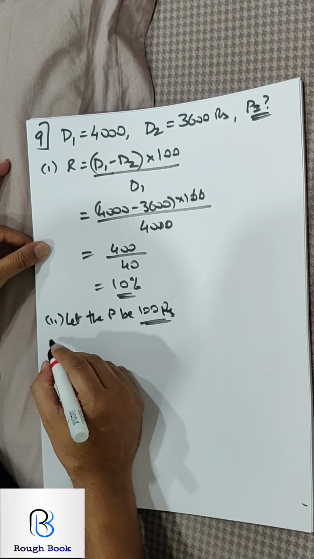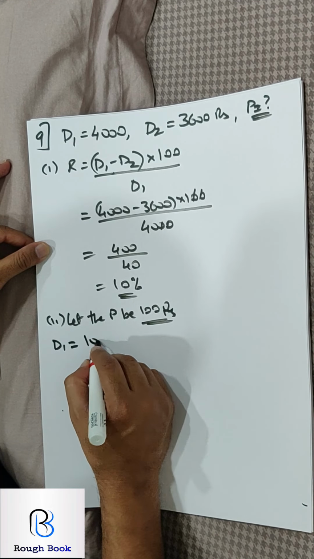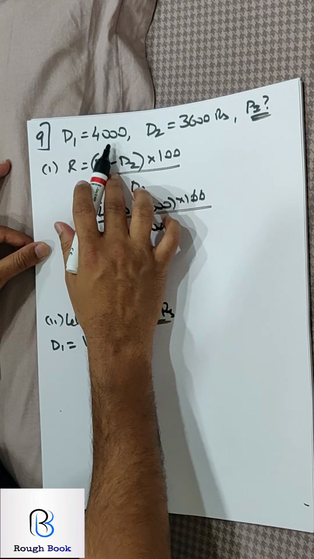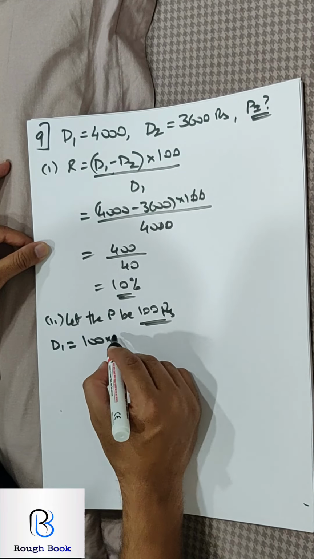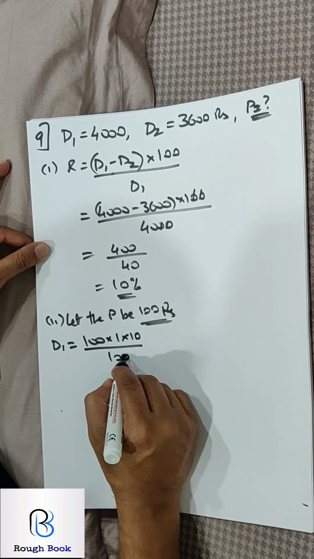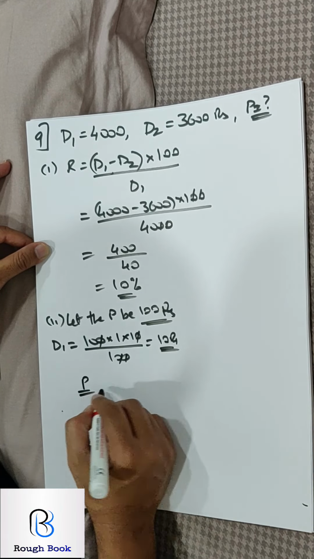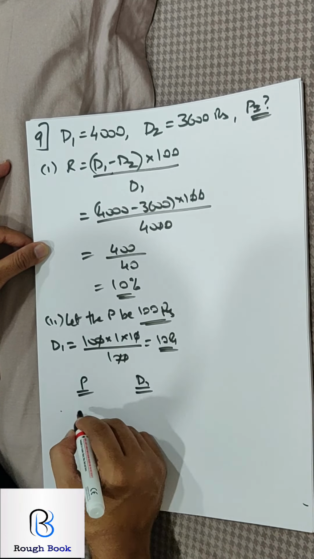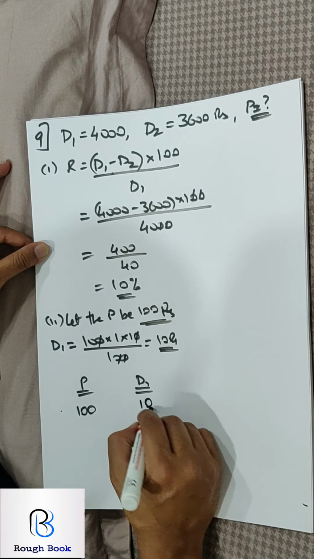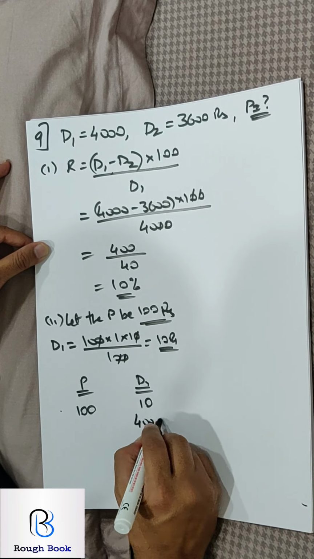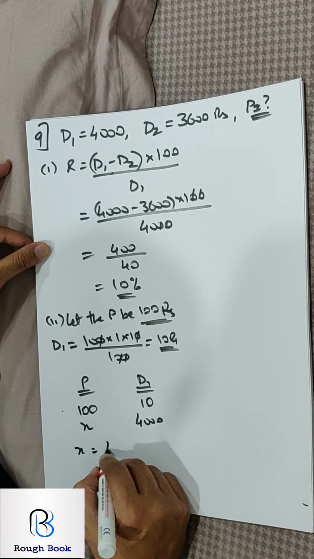Now if the principal is 100, my D1 will be 100 into 10%. I will try and reach D1 so that I can use the unitary method. So that is 10 rupees. And now the unitary method, principal and D1. So when the principal is 100, D1 is 10. So when the D1 is 4,000, how much is the principal?